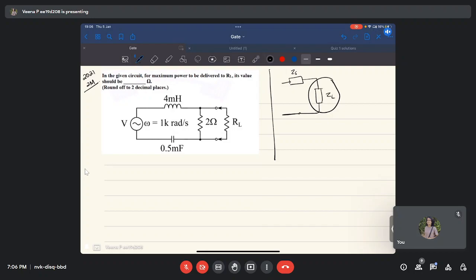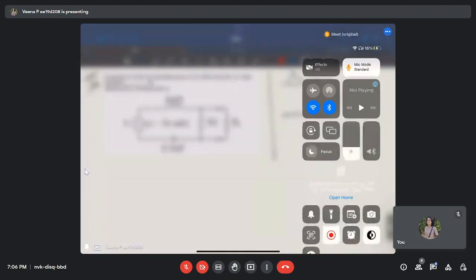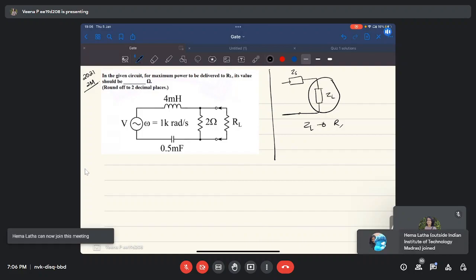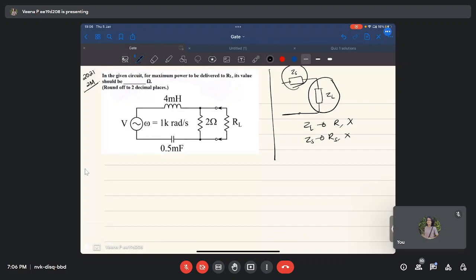So in the first case, ZL may have a resistive component and an inductive or capacitive reactive component. Similarly, the source may also have resistive and reactive components. So mainly RS and XS will be given in the problem. You will have to find the value of RL or XL so that the load gets maximum power.